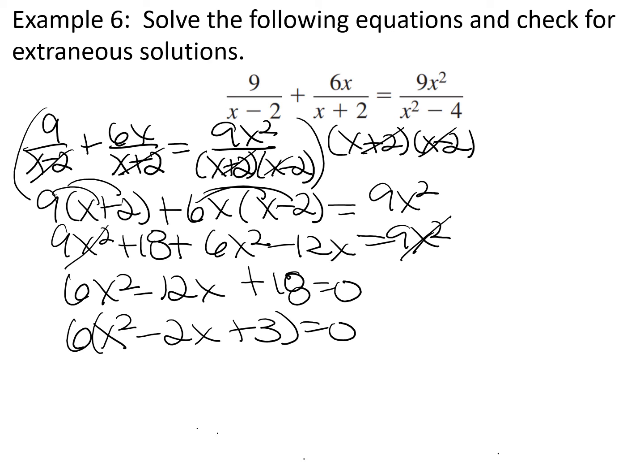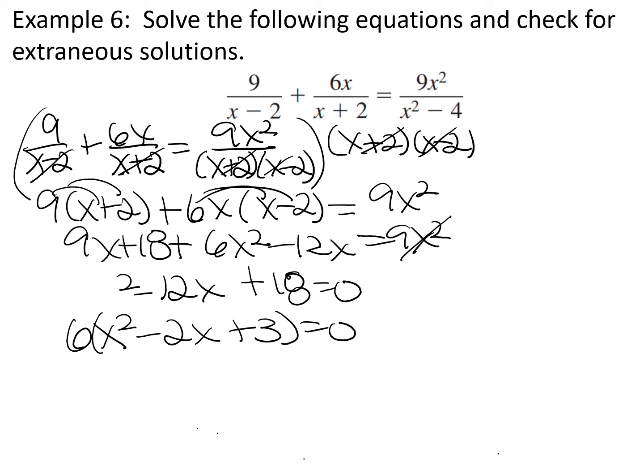Something doesn't quite seem right. I wonder if I multiplied something wrong here. Oh, this wasn't 9x squared, it was just 9x. Okay, so I do need to fix that. I should probably not do this stuff late at night. Okay, so that's 9x. Okay, I think all that stuff is good.